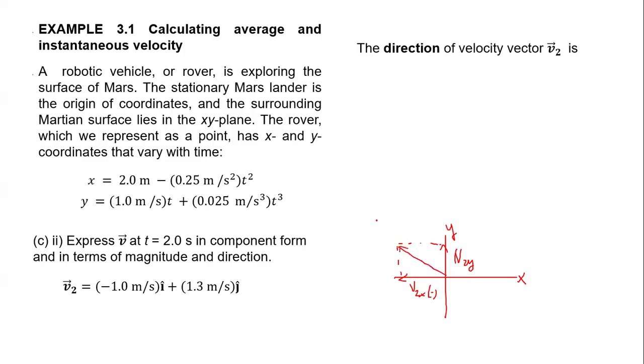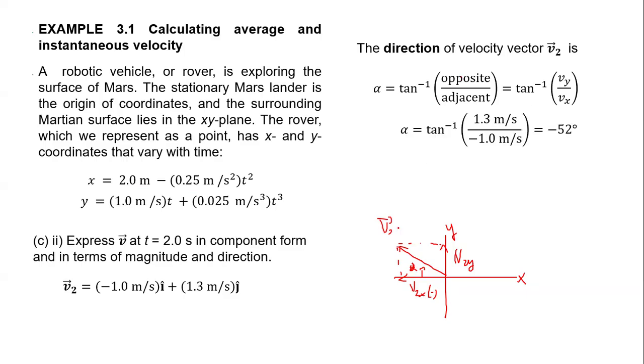Okay, this is the vector v2. If you want to find this direction, for example this angle, we're going to use alpha. The tangent of alpha is equal to the opposite over the adjacent side, inverse tangent. The opposite is the Vy and the adjacent side is the Vx.